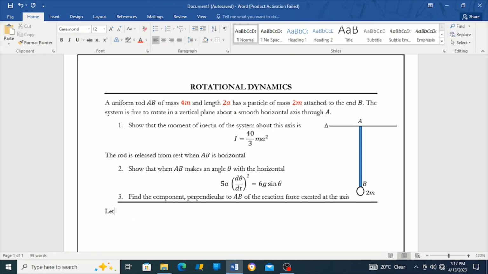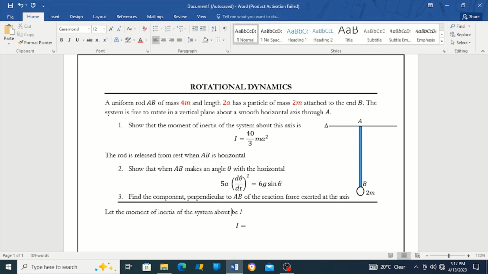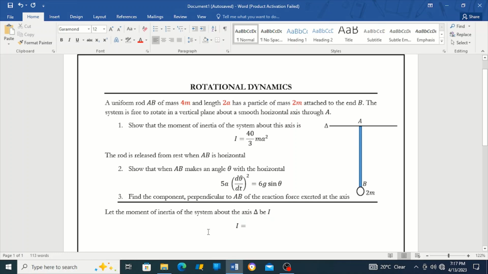So let the moment of inertia of the system about the axis delta be I. Let's be specific, be I delta, to show that it is about the axis delta.